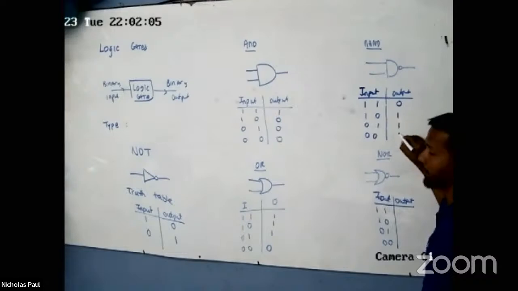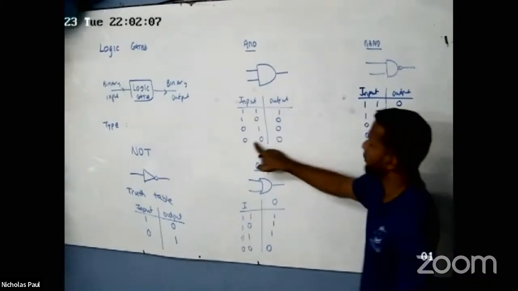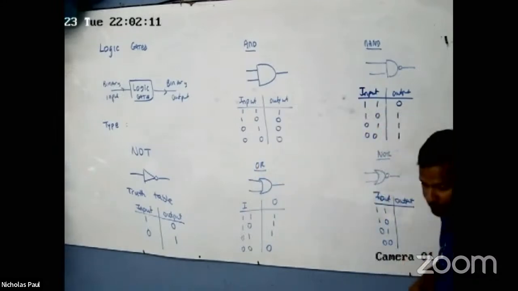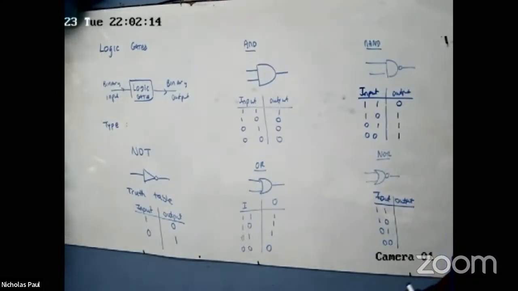And 0 0 will be? 0 0 is 0 here. So 0 0 is 1. Brandon, you okay with that? Avani? Right? So that is your NAND.